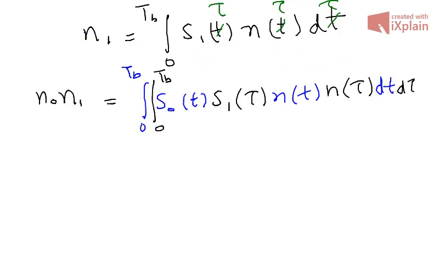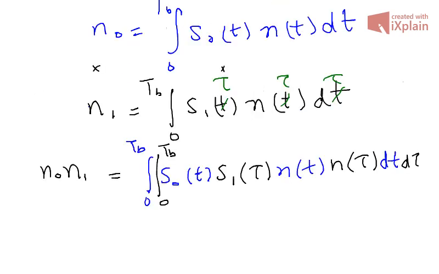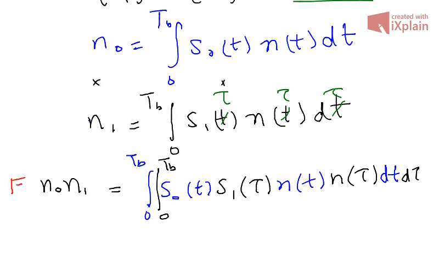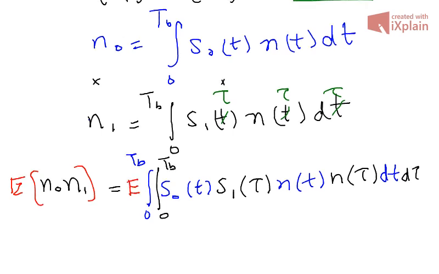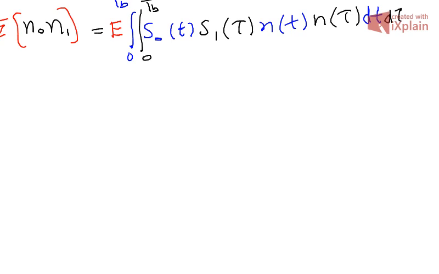So if I write the expectation operation here, now let's take this expectation and write the right hand side. The expectation would only run over the random variables, since s0 and s1 are deterministic signals with fixed values, while these are the random values.